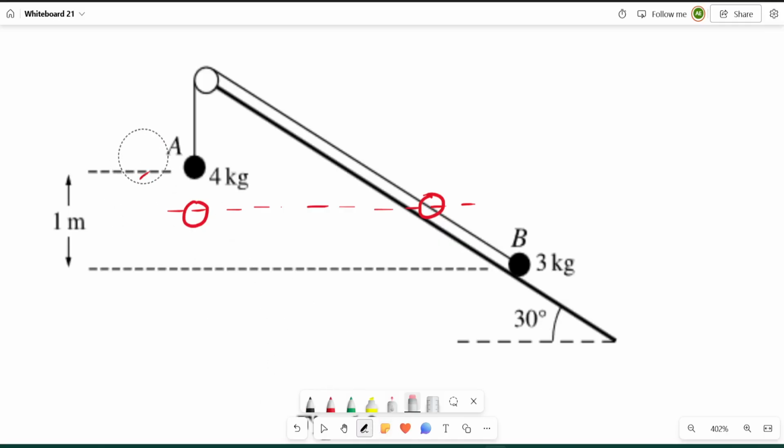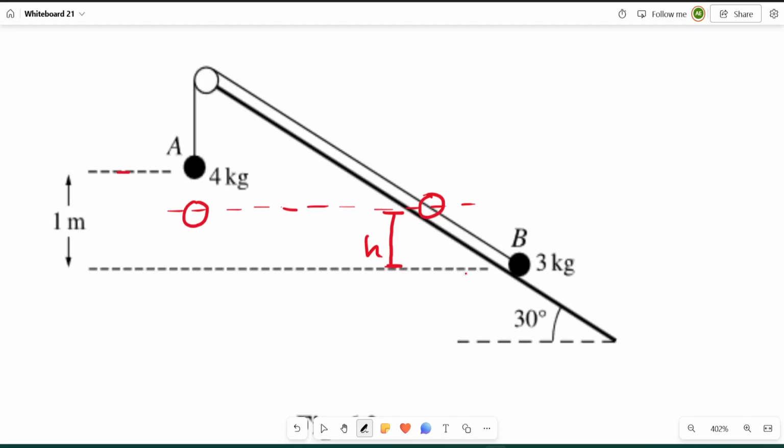Let's say this distance is 1 meter. I don't know where this point is, or how far it is from the baseline, so I'm going to call this distance h.